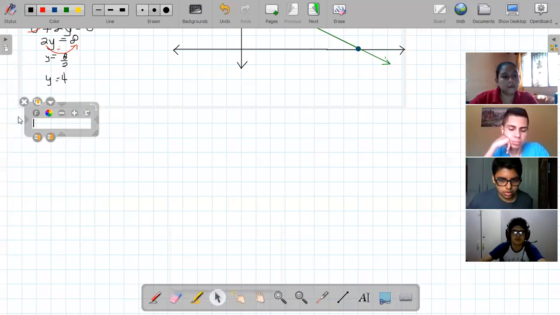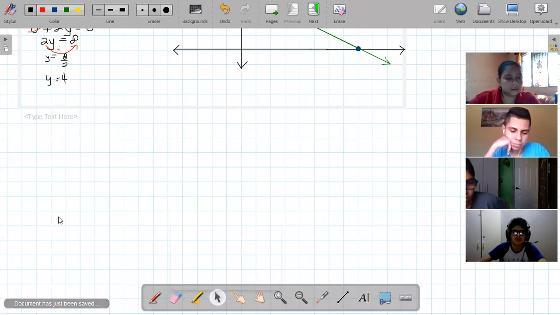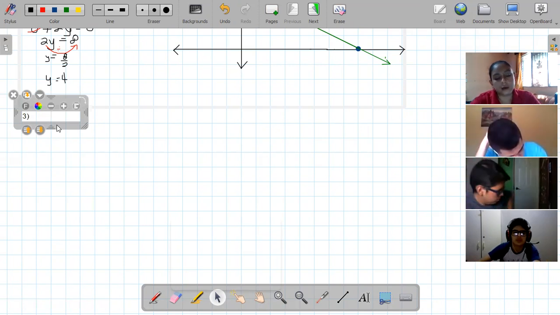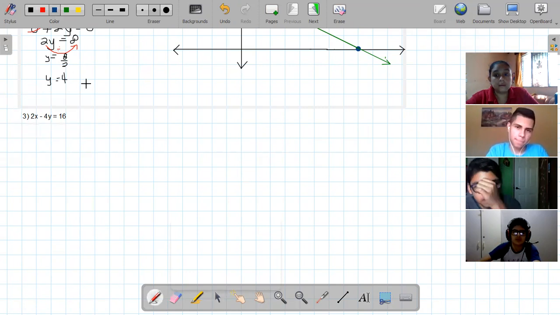Now we're gonna work with example number 3. And example number 3 is gonna be 2x minus 4y is equal to 16. Okay. Is this in standard form? Yes, it is.